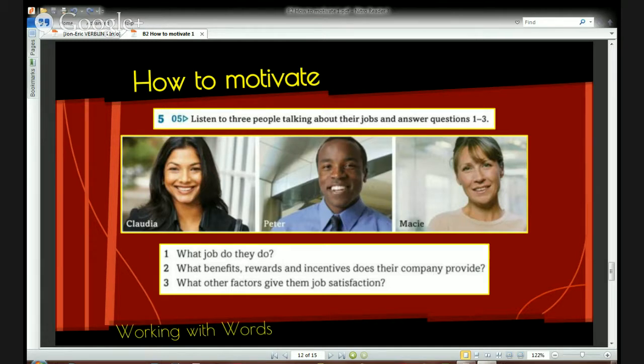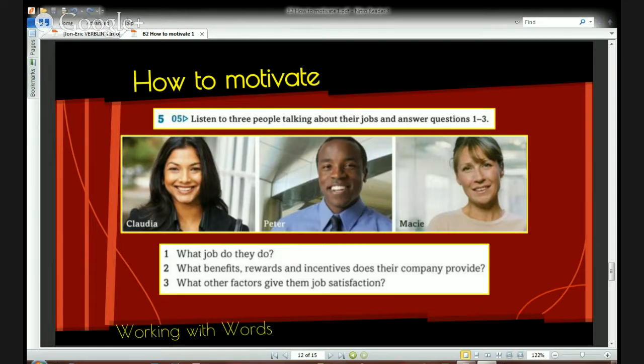Last one was Macy. Did she get any benefit or rewards? Yes, she gets a discount for flights. That's right. She had reduced fares. Right. Her salary is not the best, but it's okay.